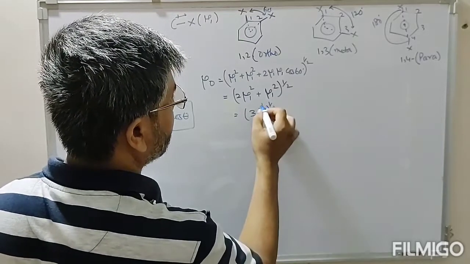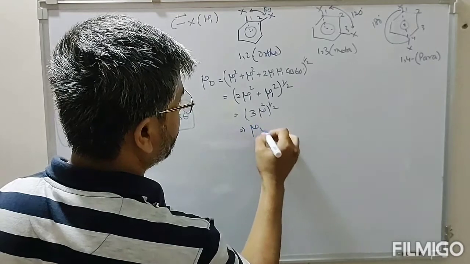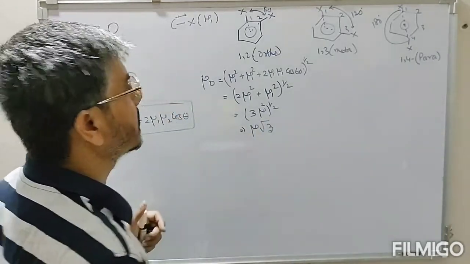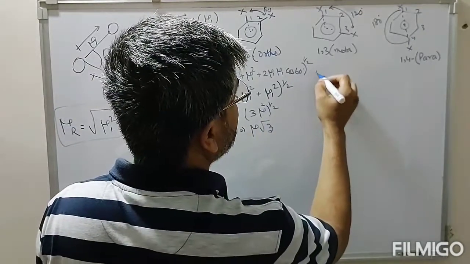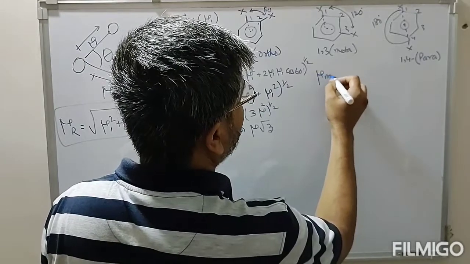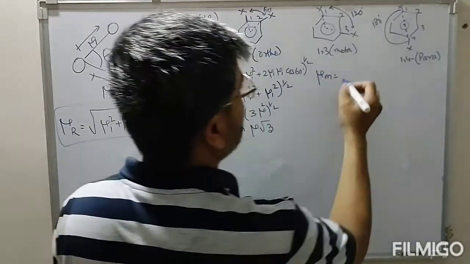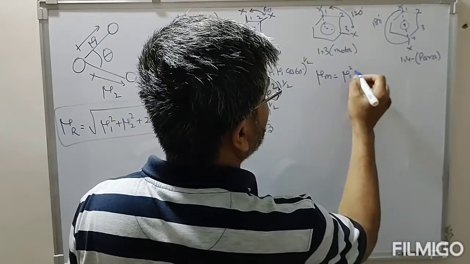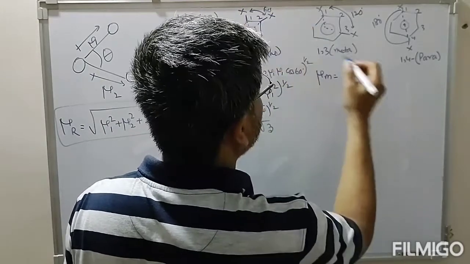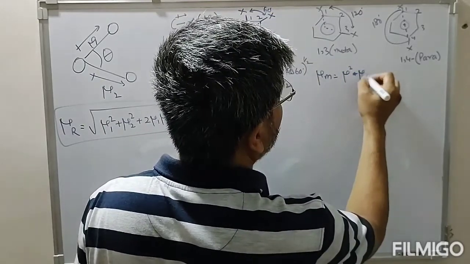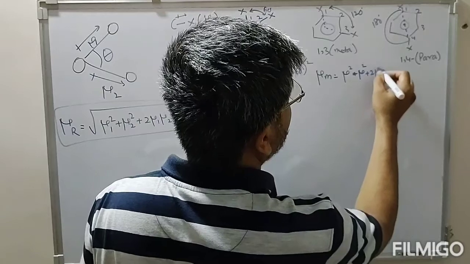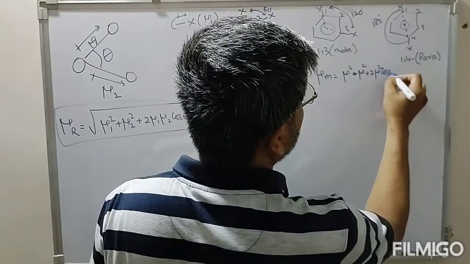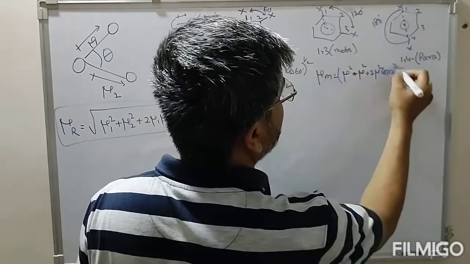For meta, the resultant is mu1 square plus mu1 square plus twice mu square cos 120.